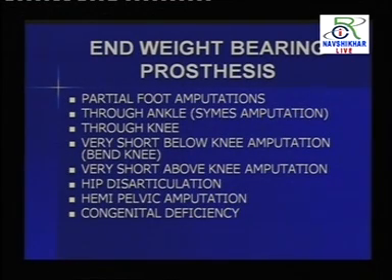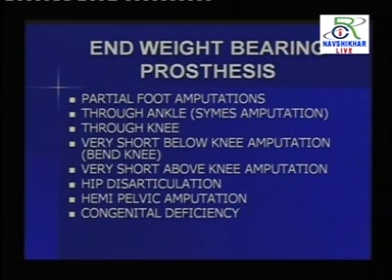Very short below knee means a little bit, 1 inch or 2 inches of tibia is left under the knee. In that case we need to make it a bent knee prosthesis to get the end weight bearing, to get the proper weight bearing of the prosthesis, as we can see. So in that case we have to bend the knee and make it a bent knee prosthesis for that amputation.